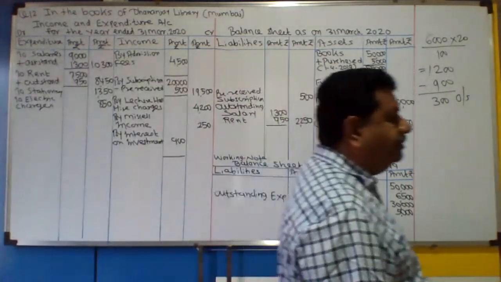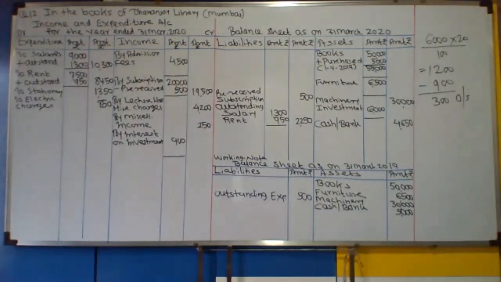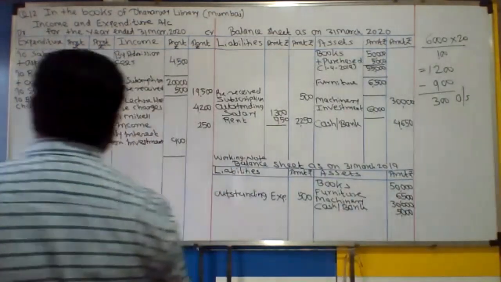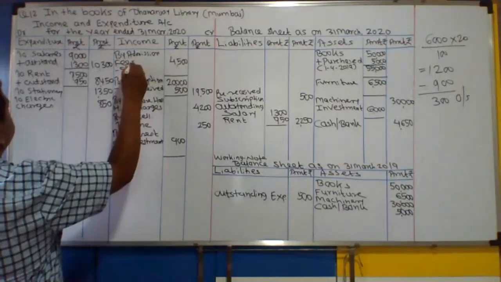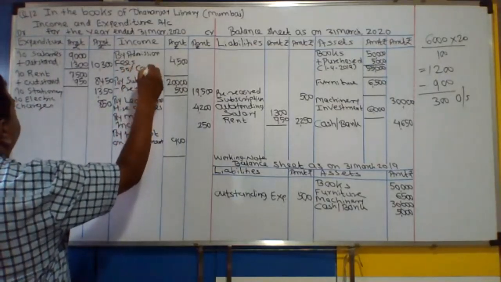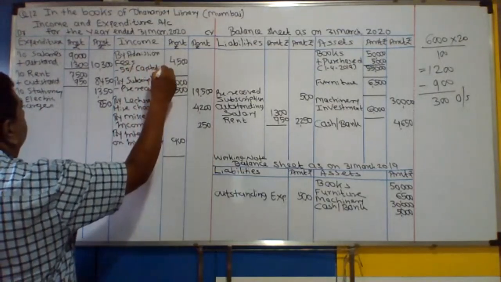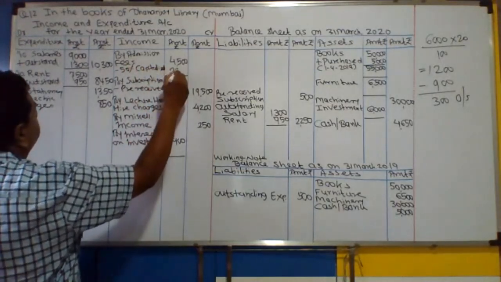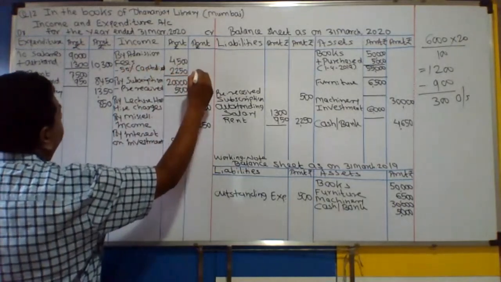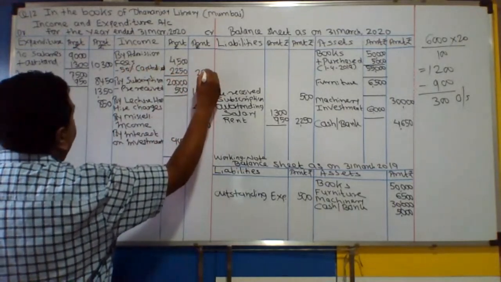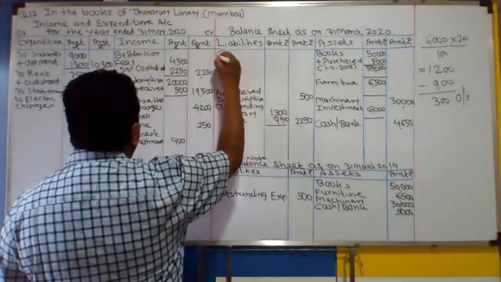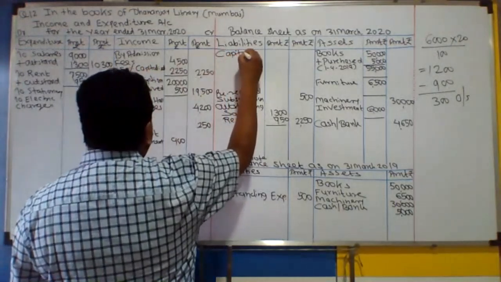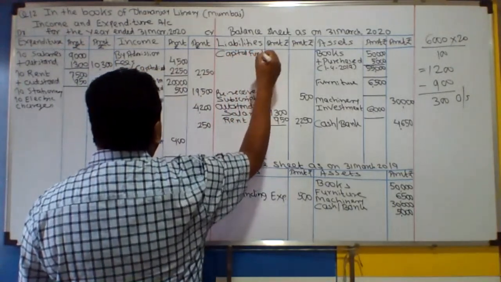Then the next adjustment, 50% of the admission fees to be capitalized. What to do with this? Capitalize, that means add in capital fund. Less from admission fees 50% capitalized. What is 50% of it? 2,250. Outer column it is 2,250. Now what to do? Second effect, capitalize, add in capital fund. We don't know how much the capital fund is.